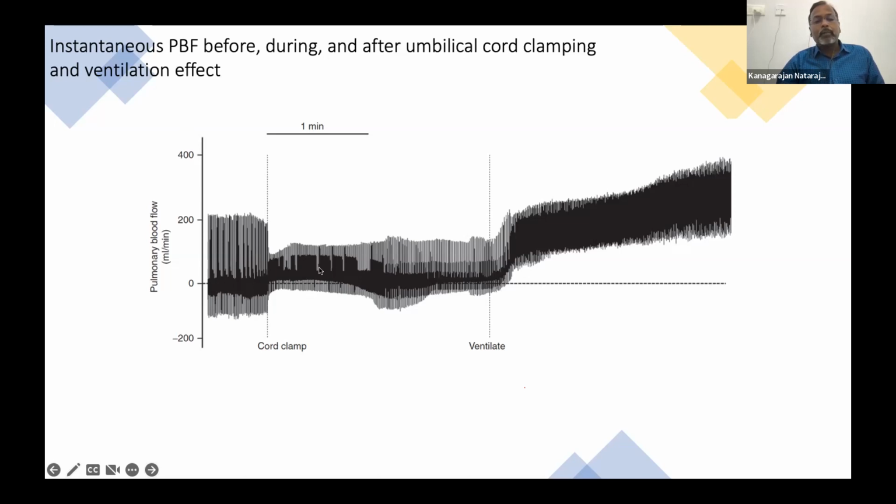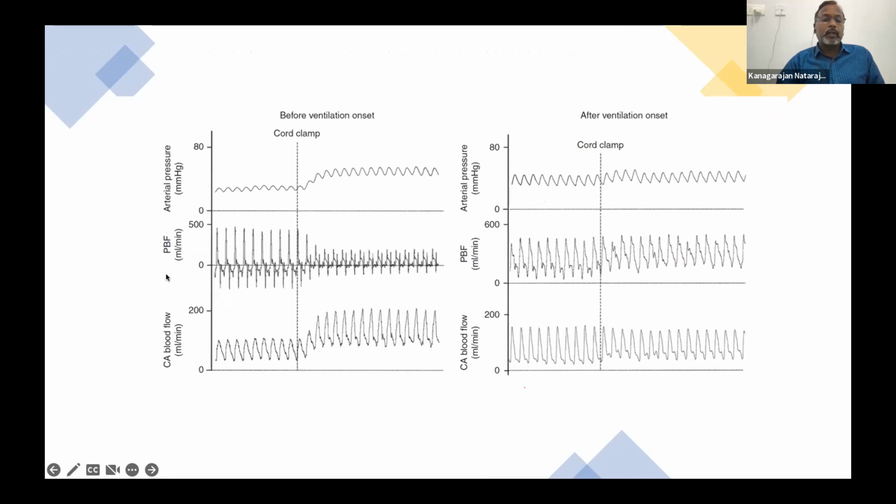Even after the cord clamp, it doesn't increase much. But the moment ventilation occurs, you get a huge increase in the pulmonary blood flow. Similarly, you can see the pulmonary blood flow, arterial pressure, and the carotid artery pressures, everything significantly improved after ventilation.